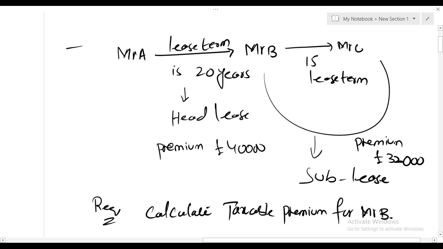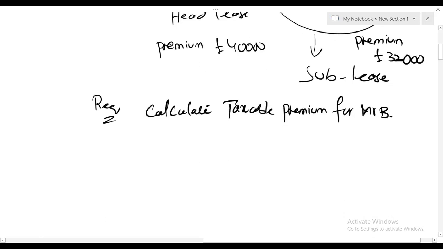Mr. B is the one who has paid the premium on the same property, as well as received the premium on the same property. And my examiner is asking us to calculate the taxable premium for Mr. B. How do we calculate it? A very simple calculation.